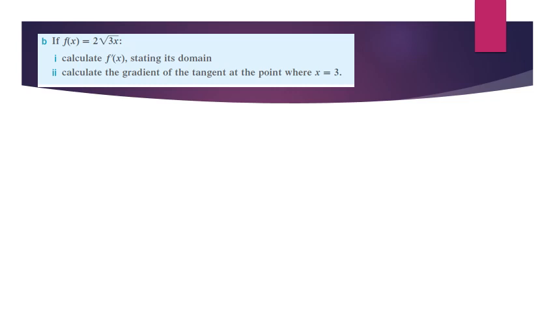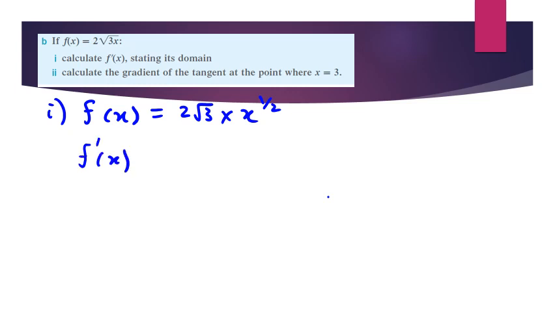Alright, so if you have this one, and we want to find f dash of x, do we start doing it straight away? No, we want to make it simpler for ourselves first, right? So let's just fix this. We have 2 and a root 3. Remember, separate your numbers, times, and then this is the square root of x, so that becomes a half.